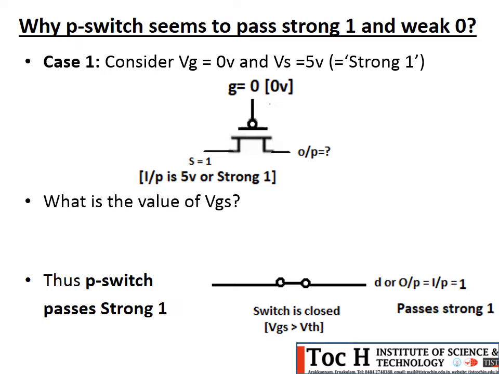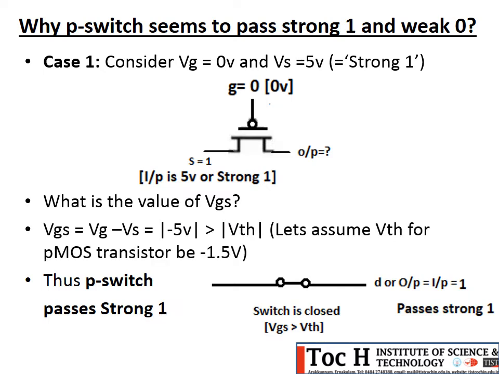So what is Vgs here? The same steps are followed here also. Calculate Vgs and see what its voltage is, and we need to check whether the Vgs voltage is attaining its threshold voltage or not.